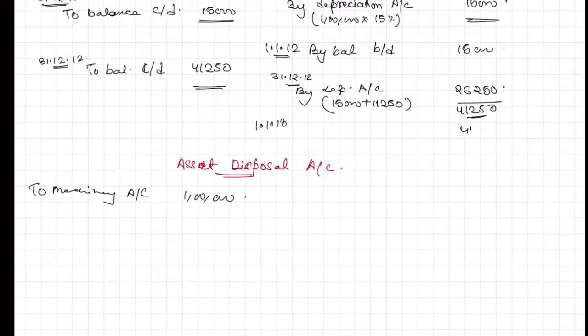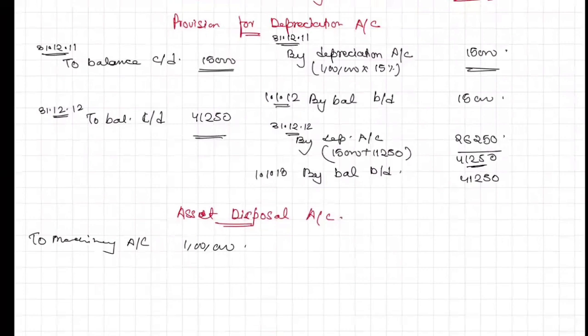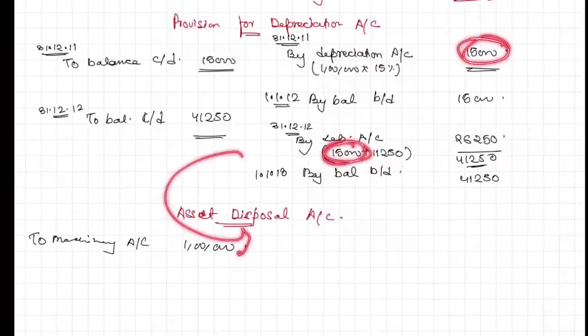It is 41,250. Correct. To balance BD. Okay. And see all this depreciation which is there for this amount. Okay. For M1 machinery, this amount plus this amount has also to be transferred to the asset disposal account.